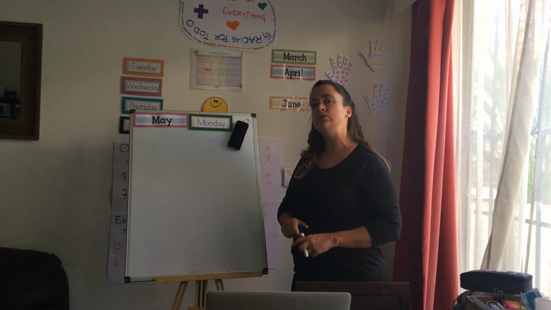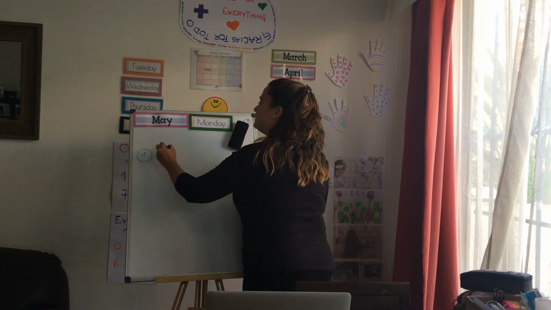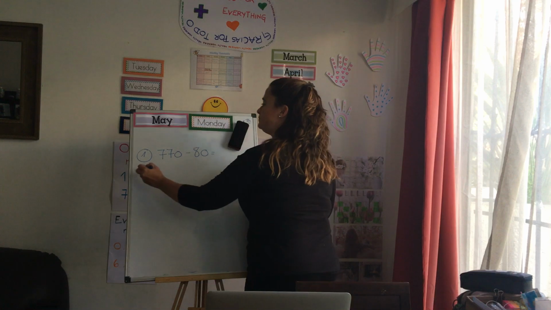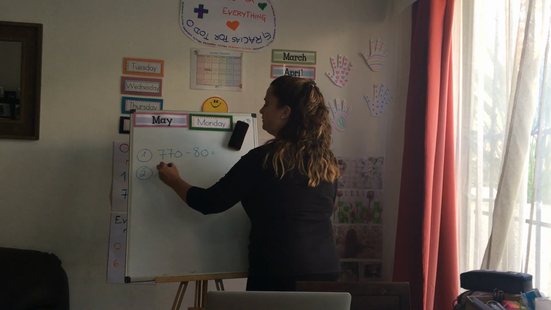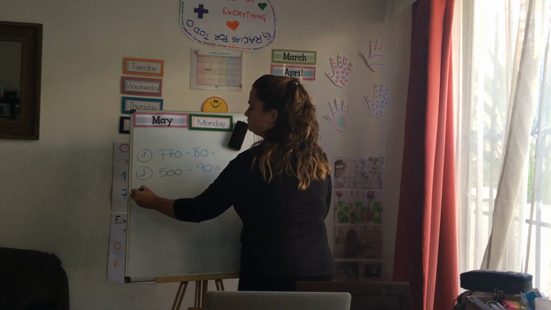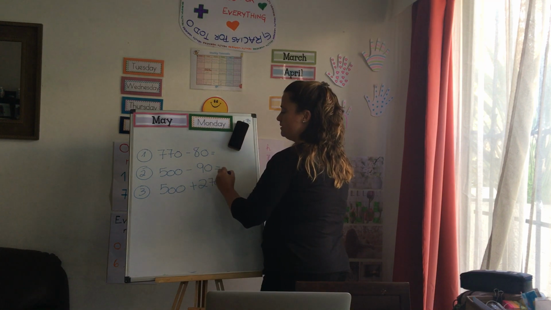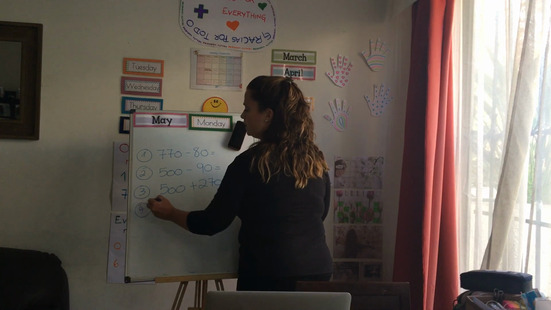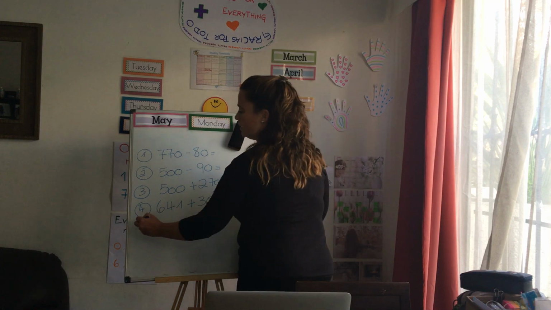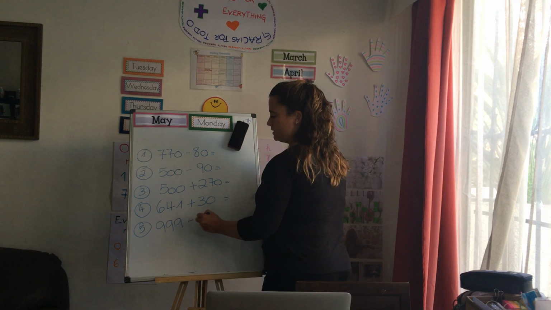This time we're only going to do 7 exercises for mental math. 1. 770 minus 80. 2. 500 minus 90. 3. 500 plus 270. 4. 641 plus 30. 5. 999 minus 600.